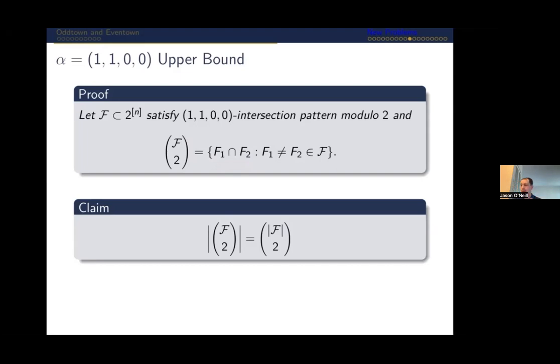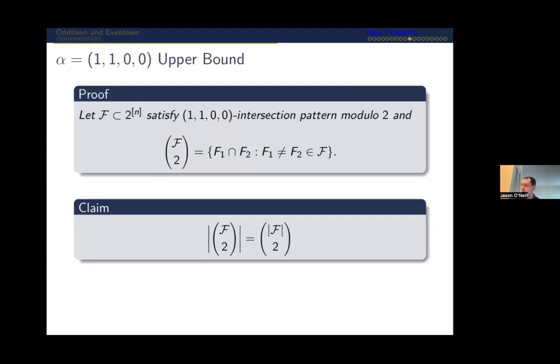That would be a three-wise, and those are going to be even. Or if you have something like F1 intersect F2 with F3 and F4, that is still going to be even. So no matter how you do the pairwise intersections from here, you're going to get something that is even.